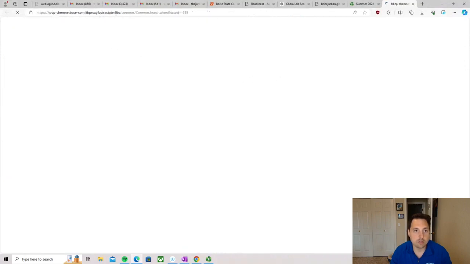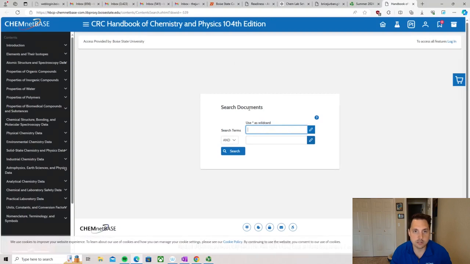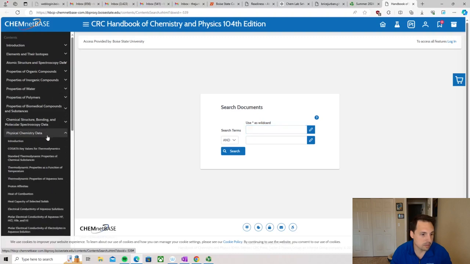Let's see if this link will work for me. So Boise State pays for access to this handbook here. So here's what it looks like when we pull it up. Say we want to look up a property of density. Let's say density here. So physical chemistry data.